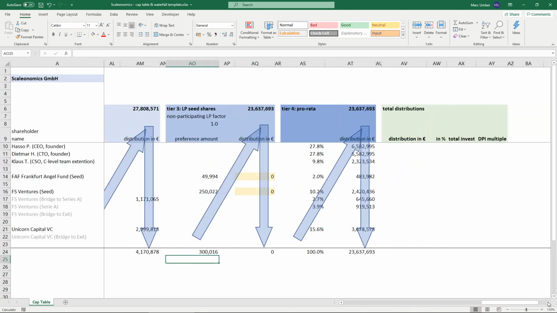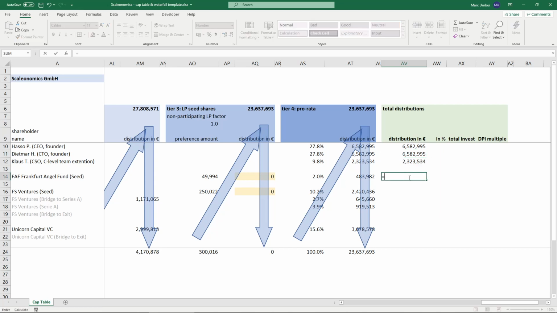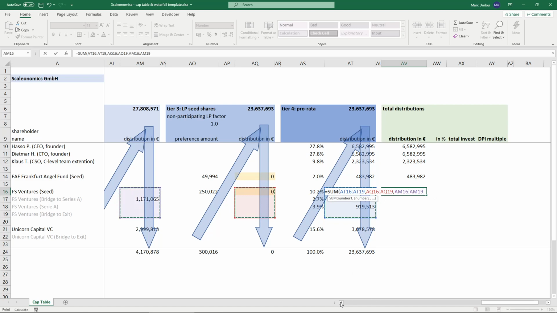And we're almost done. Now is the time where we want to know how much total proceeds each shareholder gets. For Fritz Müller, we need to have the sum of these two. For Frankfurt School, we want to have the sum of all of these 4 rows.